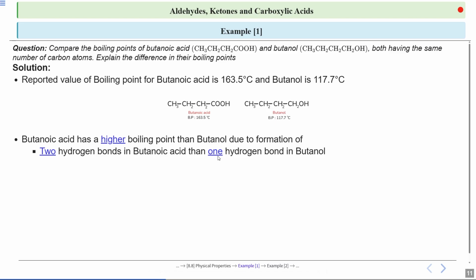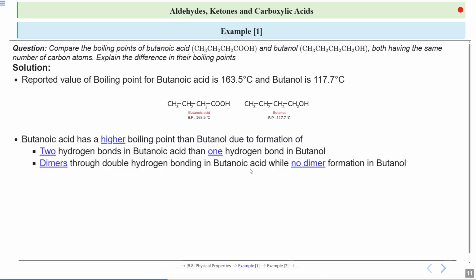Whereas in butanol there is only one hydrogen bond, that is between the hydrogen of OH and the oxygen of OH of another alcohol molecule.